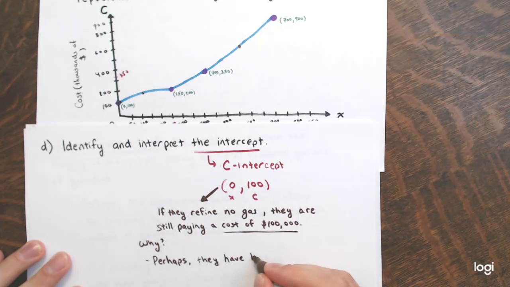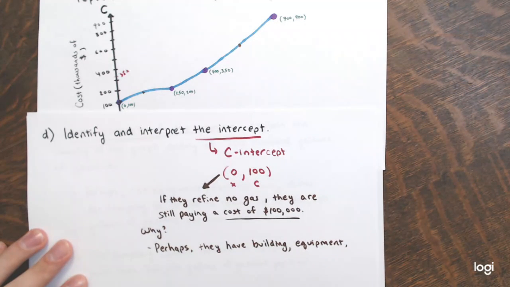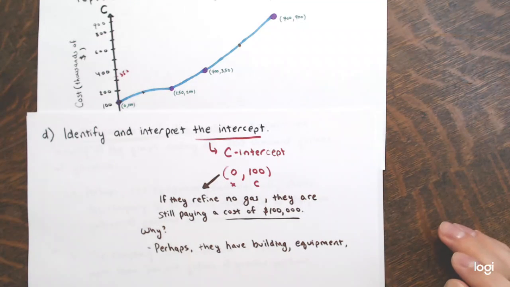They have building, equipment, machinery, and labor. Perhaps they have already hired a big staff to come in and assist in the refining of this gasoline. Well, you don't just hire people for free. So they're paying these people to stand there, whether gasoline gets refined or not.